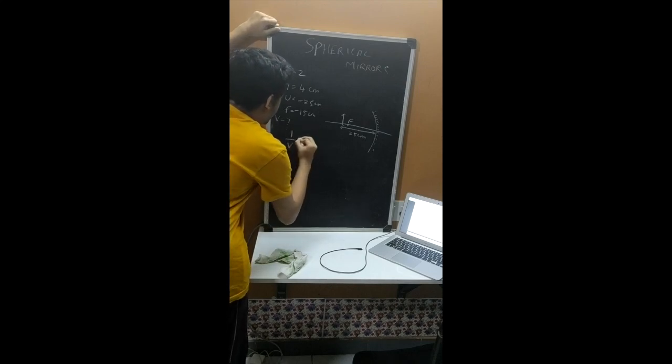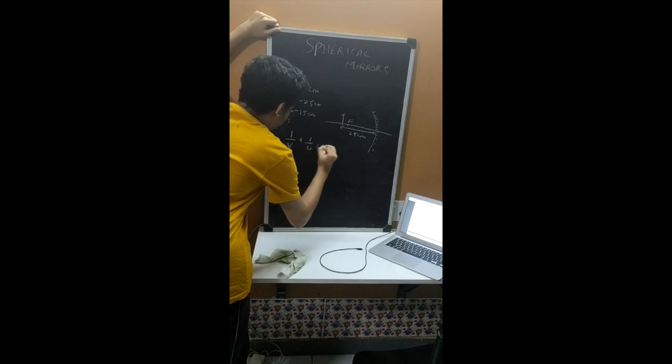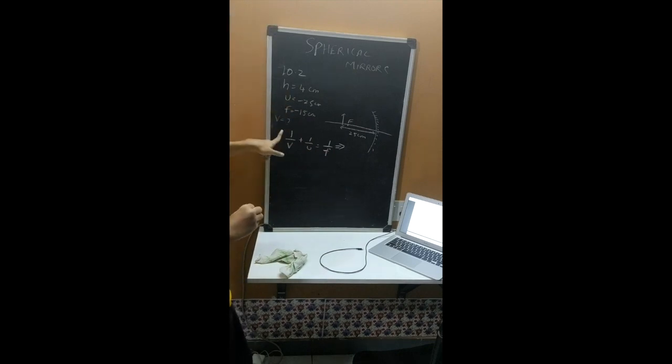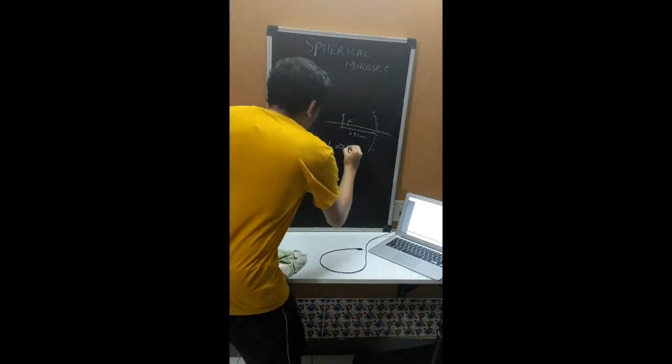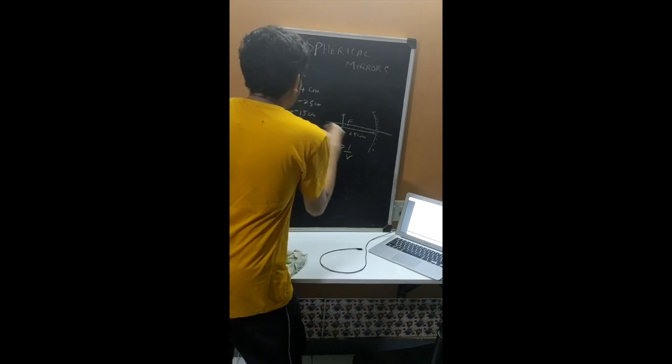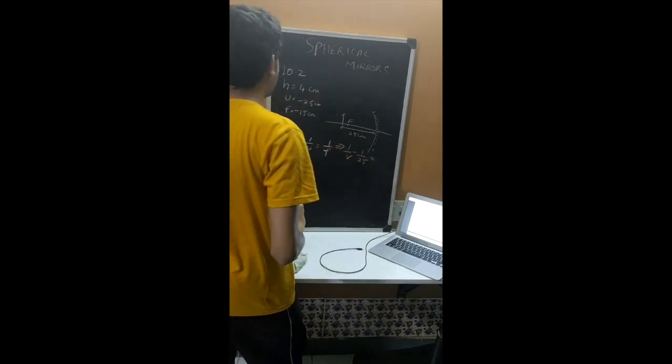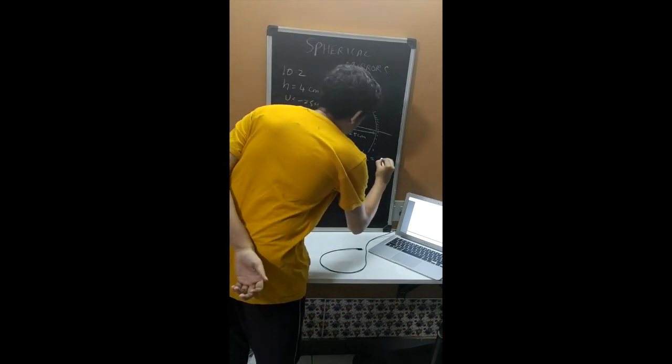1 by v plus 1 by u equals 1 by f. This implies 1 by v is, we don't know, 1 by v. u is minus 25, so minus 1 by 25, equal to focus is minus 15.